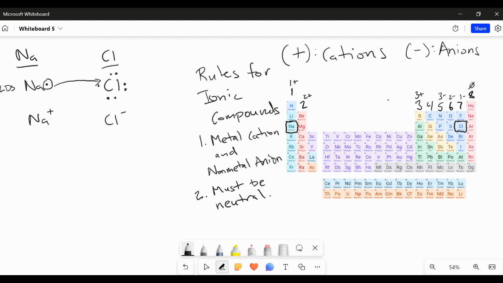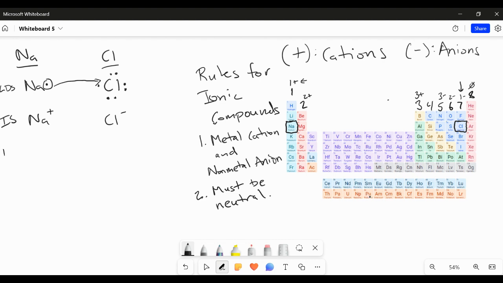Okay. So these are my ionic symbols. Sodium has a +1 charge. We can see that right here at the top. Chlorine has a -1 charge, and we can see that right here too. Okay. So next, we want to look at what these are going to look like when we put them together.